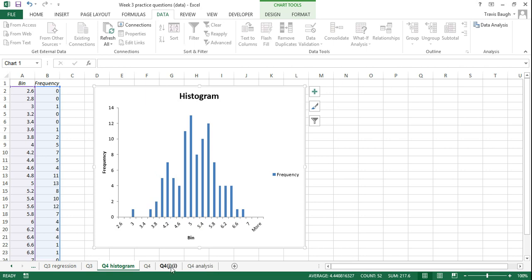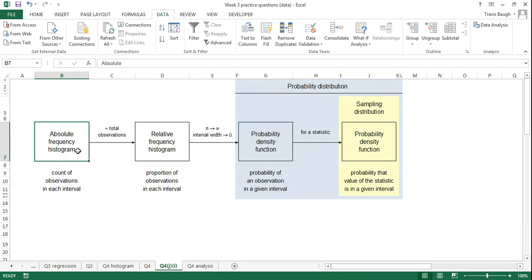Over here, I've basically got a little diagram that elaborates on this a little. So right now we've got an absolute frequency histogram because on the vertical axis we're measuring the count of the observations within each interval. We could easily convert that to a relative frequency histogram by dividing each count by the total number of observations, and that would give us this relative frequency histogram, which is showing on the vertical axis the proportion of observations in each interval.